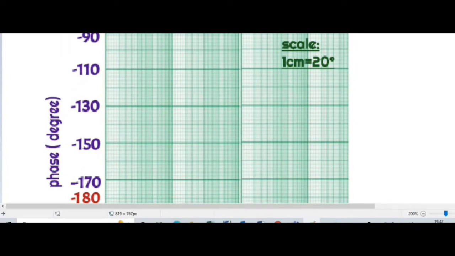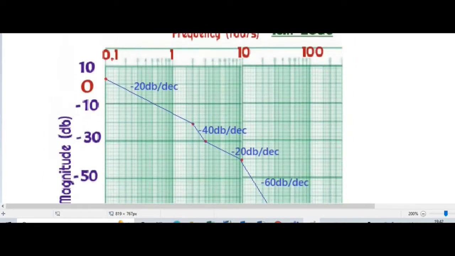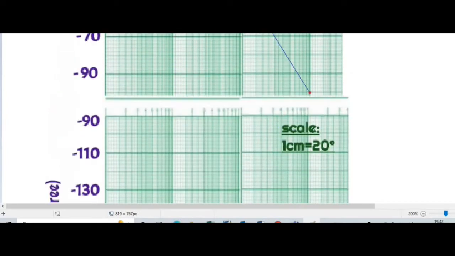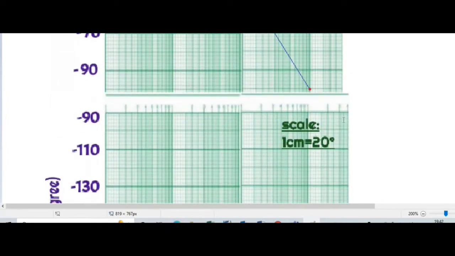Now we will move to the next plot, that is the phase plot. So here we have to select on the horizontal line the frequency from the lowest corner frequency to the highest corner frequency. If we observe, here we have already shown 0.1, 1, 10, 100. So the same frequency we have to repeat, and on the vertical line we have to show the phase angle.